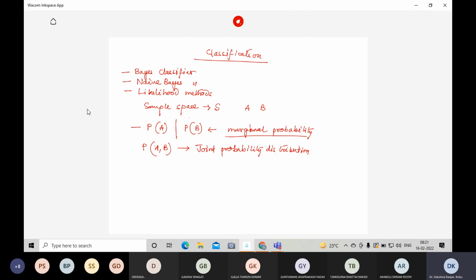And when we estimate the probability of an event given another event, then we get the conditional probability. Here we can write the probability of event A given event B. This probability is known as the conditional probability.